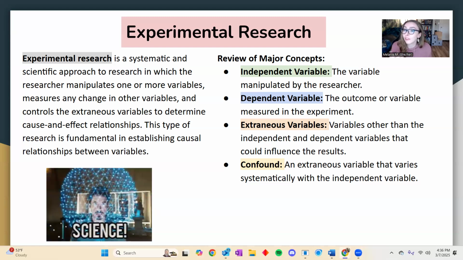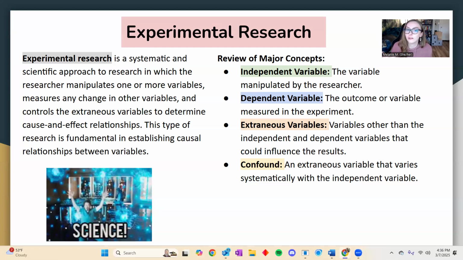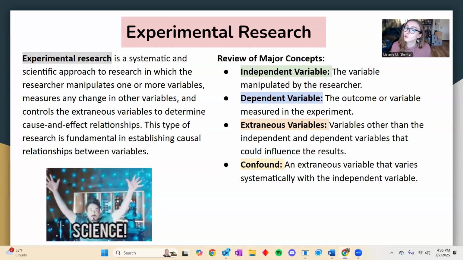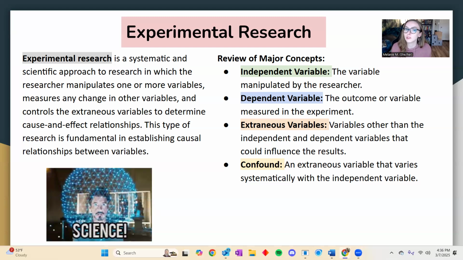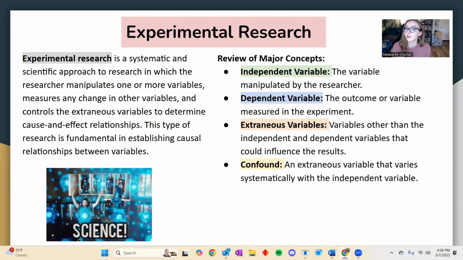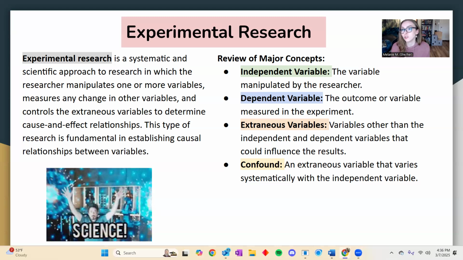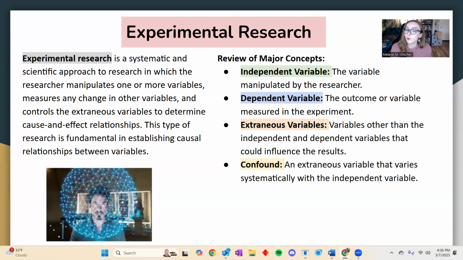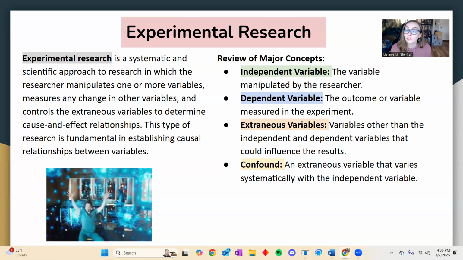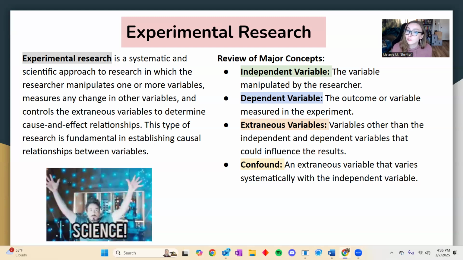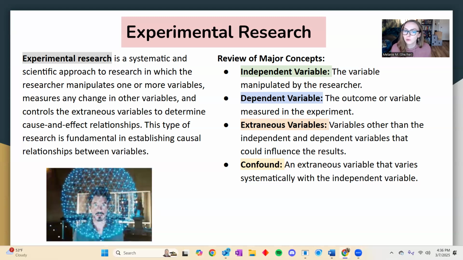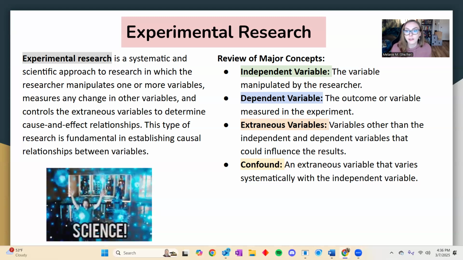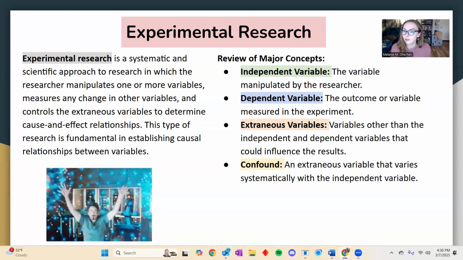There's lots of different things that can impact our dependent variable, and we try to control for them as many as possible so that we can really clearly identify what it is that's changed that has an impact on the outcome. We're trying to avoid confounding variables. Confounding variables are a specific type of extraneous variables that have influence on that dependent variable.